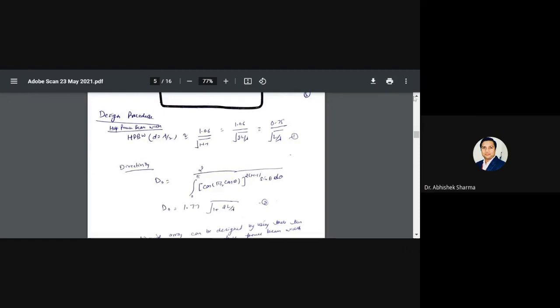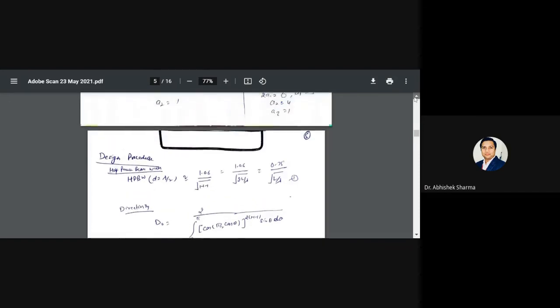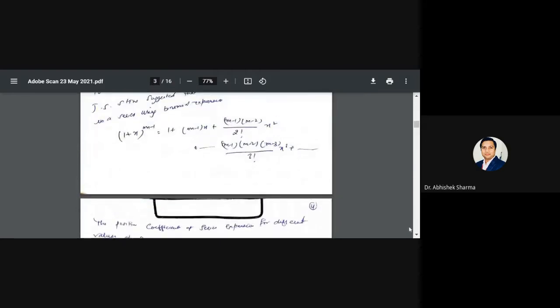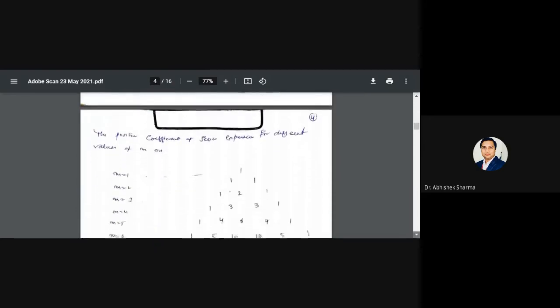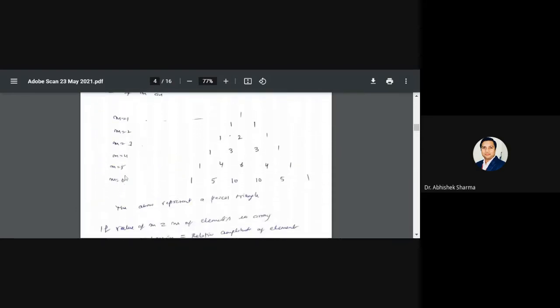Okay, so in that case, m is equal to 10. So m is equal to 10 means you have to first write down the rows up to 10. You will see that this is an even number of elements. So there will be a row of elements over here.